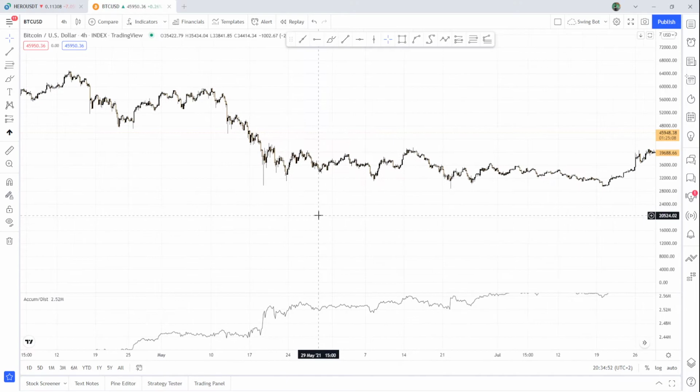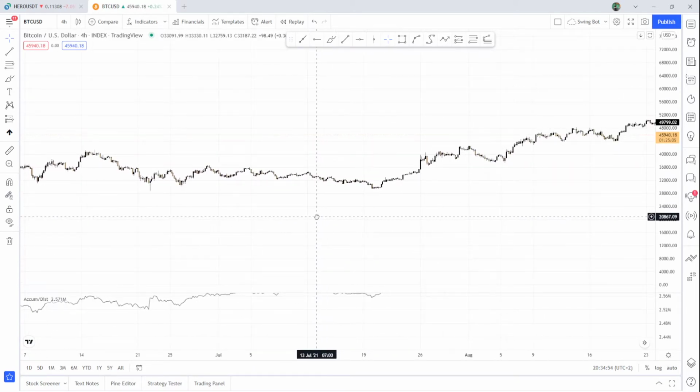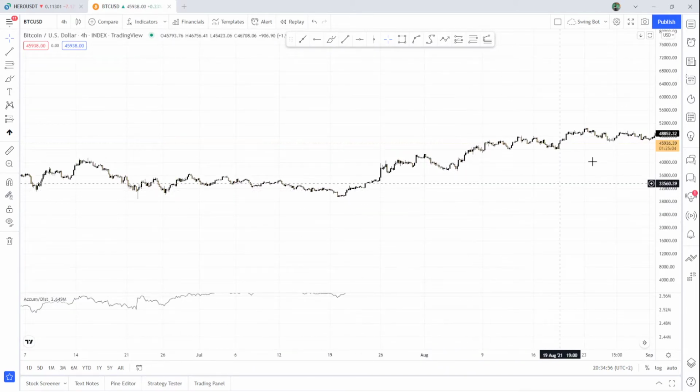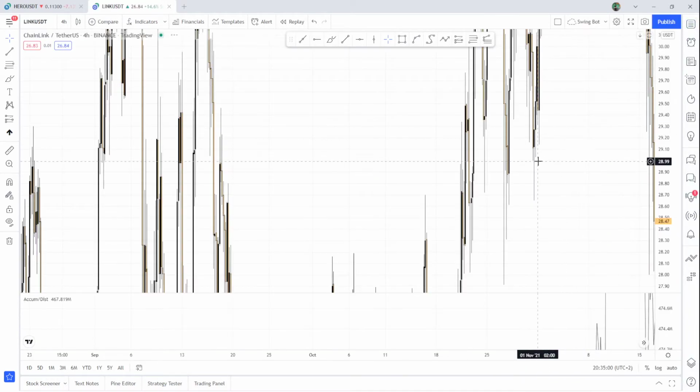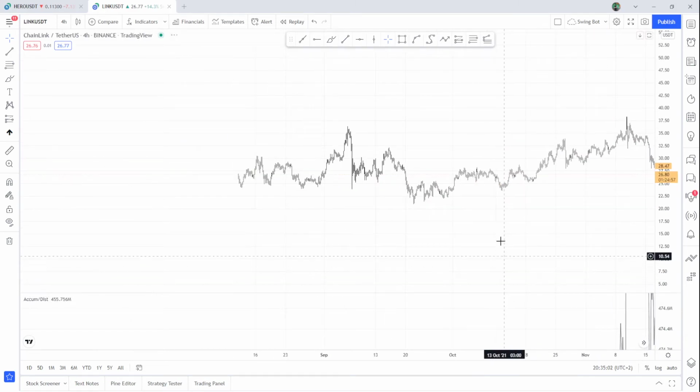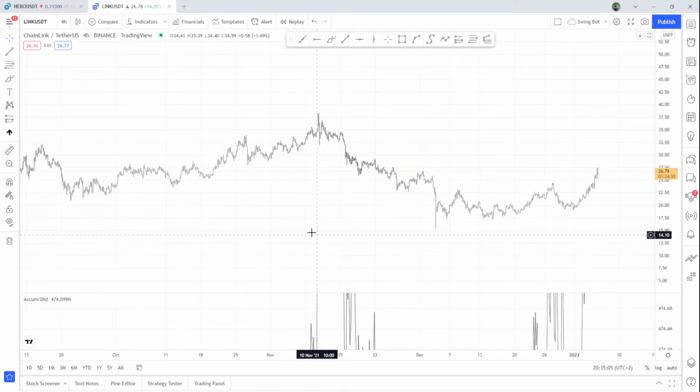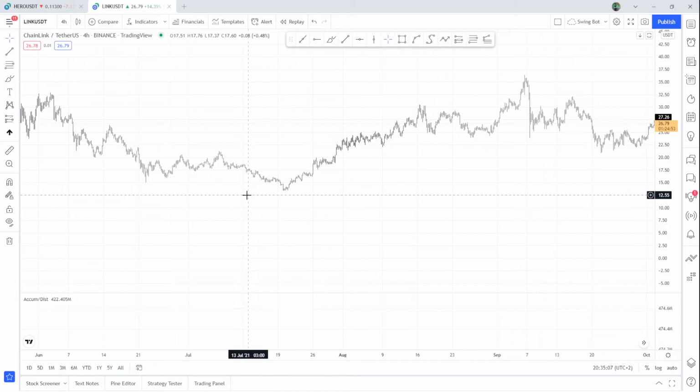So you must spot this accumulation and distribution. It's very important. Let me go actually to a coin. I don't know. Let's go to LINK and let me see here if I find another example.